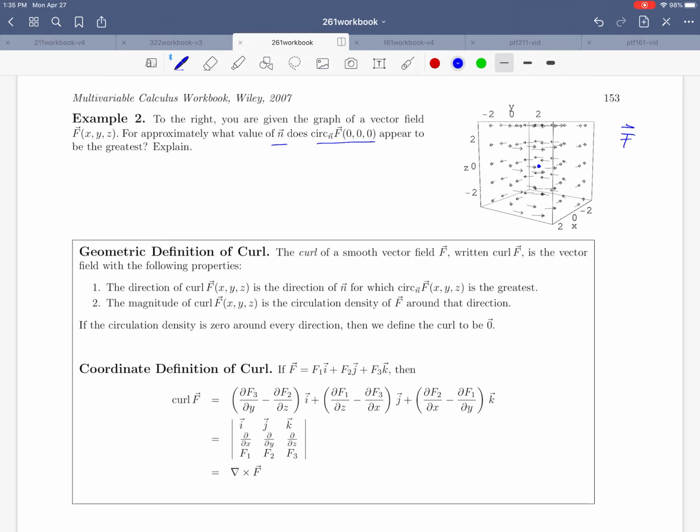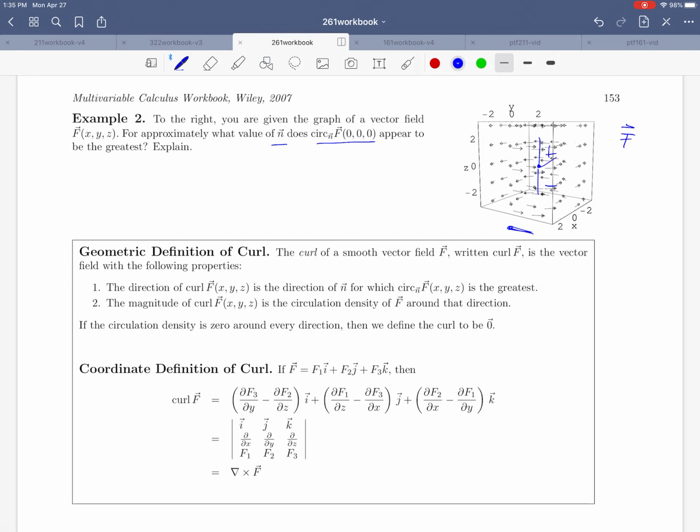We already know that if we stick the handle parallel to the y-axis in this direction right here, we get 0. When it was pointing straight up, we had positive circulation; up was positive, down was negative. We saw that in the preliminary example.